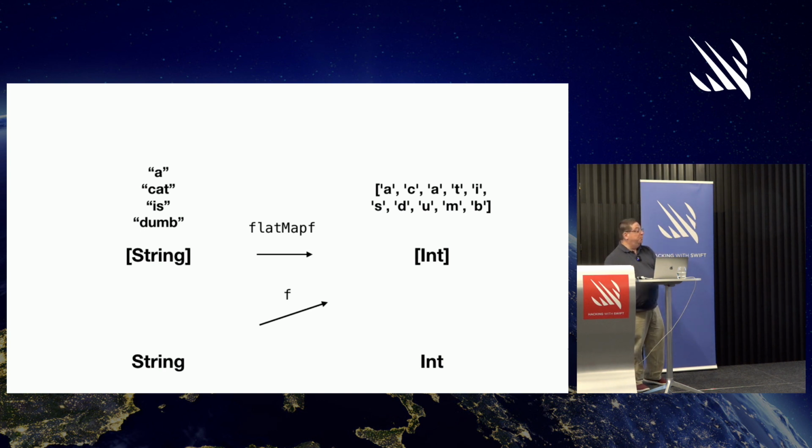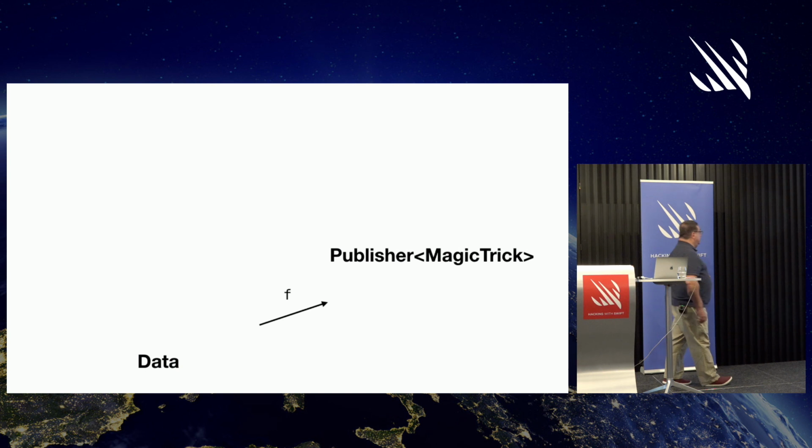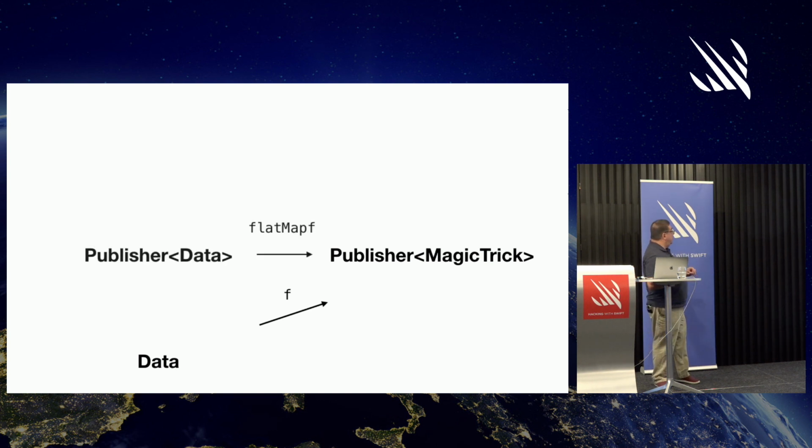And so in Combine, where that comes up is, if you give me data, and I don't map you to a magic trick, but I map you to a publisher of a magic trick, then I'm going to use flatMap to transform from a publisher who's publishing data to a publisher who's publishing a magic trick.